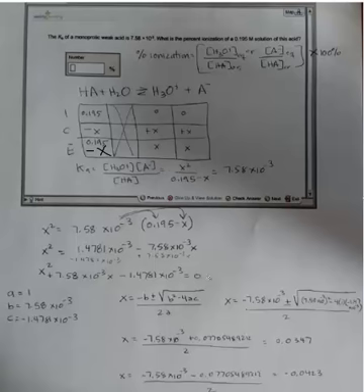And that allows me to identify what my a, b, and c values are so I can use the quadratic equation. According to my equation, a is equal to 1, that's the coefficient of my x squared. b is 7.58 times 10 to the minus 3, that's the coefficient of my x. And c is negative 1.4781 times 10 to the minus 3.